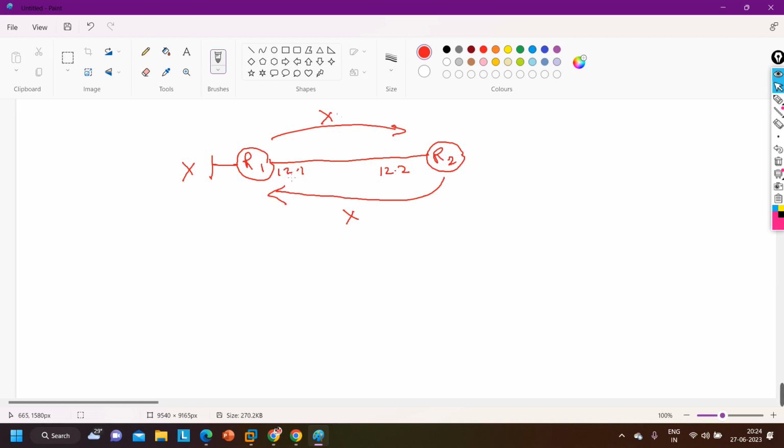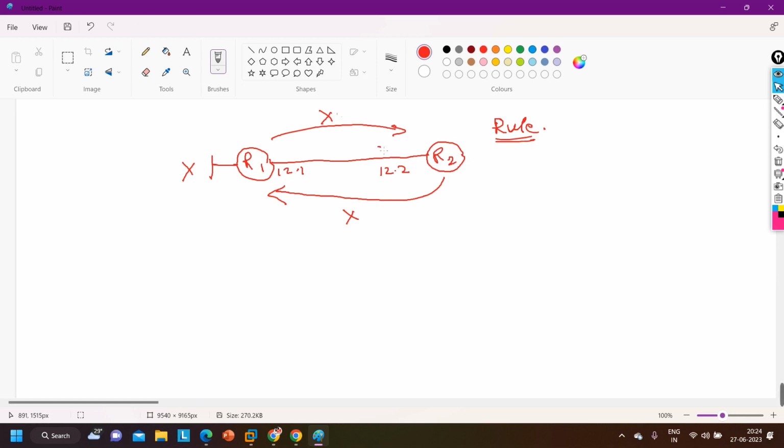So in distance vector routing protocol, we have one rule. Never advertise those prefixes from an interface which you have learned on that same interface.